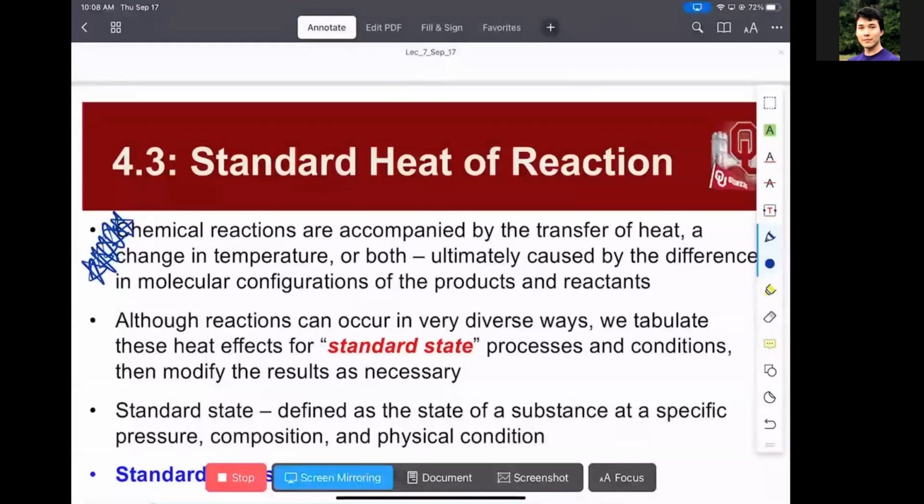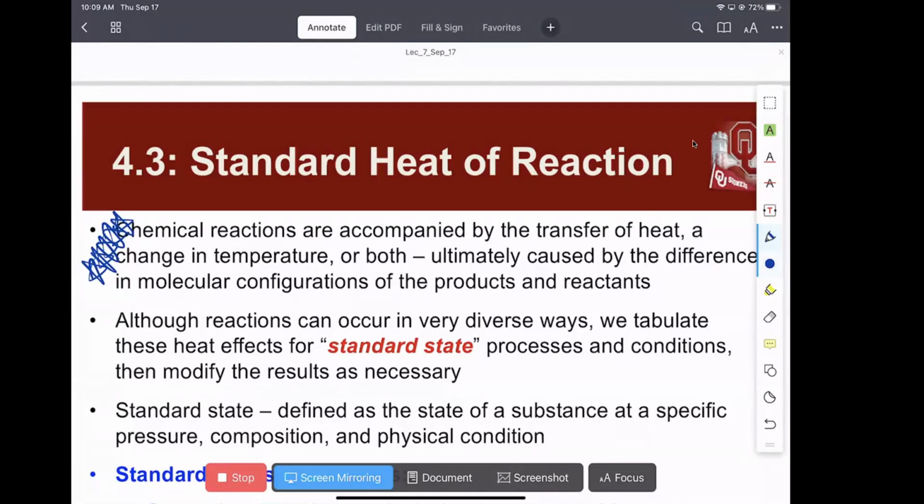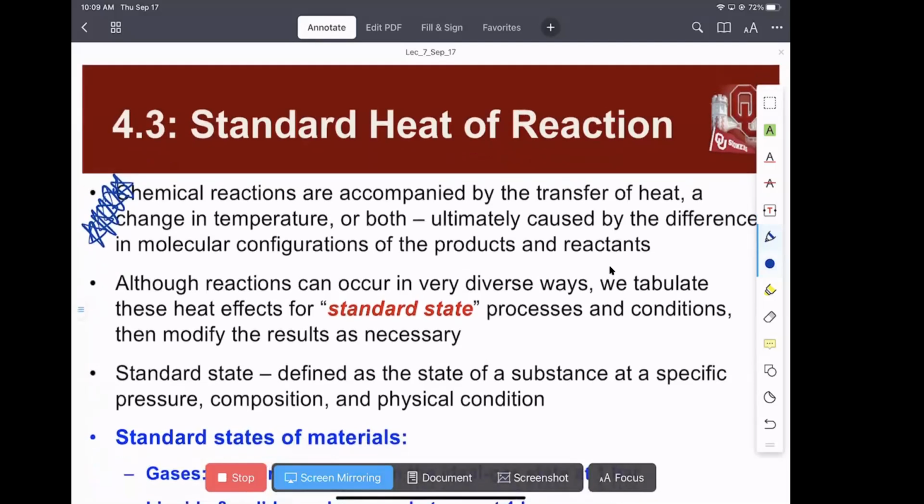Are we here on the slide? Yeah, the standard heat of reaction. Okay. Very good. How about the connection now? It works better. Okay. Great. Looks like the internet always tries to remind us after every more or less 1 hour, we need to have 1 minute of technical issue, the forced break.